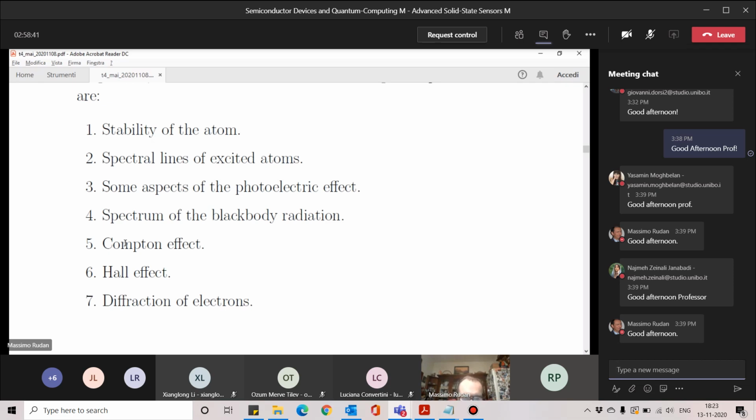Now we must consider the Hall effect. The Hall effect is completely different.